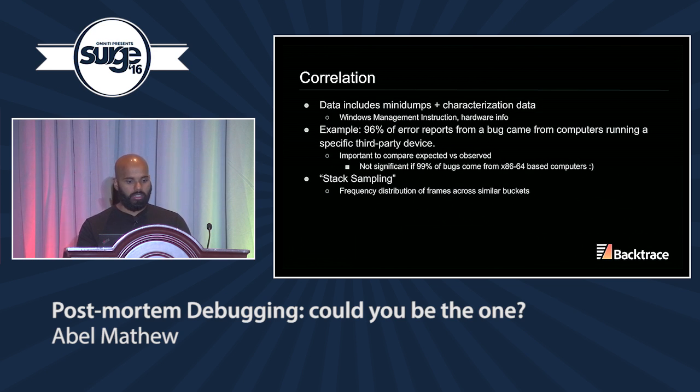With correlation, the mini dumps that they captured actually capture not just the state of the application, but also characterization information. They called this the WMI, which included hardware info. One example is that they saw a specific error where 96% of error reports came from specific computers running a specific third-party device.